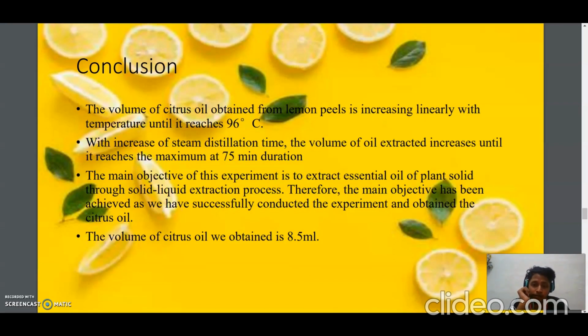The main objective of this experiment is to extract essential oil of plant solid through the solid-liquid extraction process. Therefore, the main objective has been achieved as we successfully conducted the experiment and obtained the citrus oil. The volume of citrus oil we obtained is 8.5 milliliters.